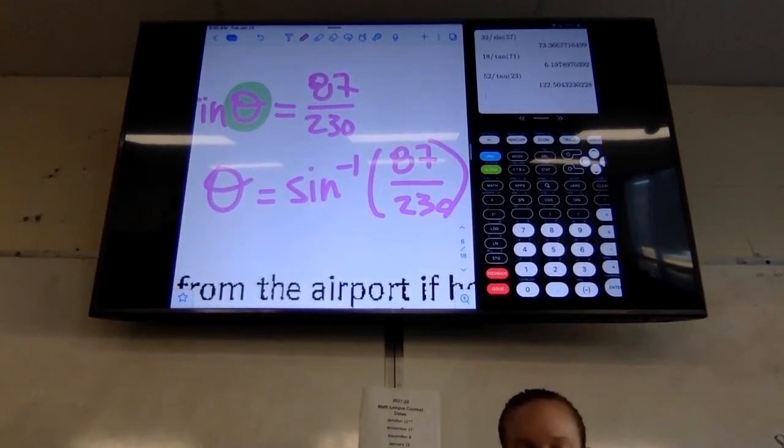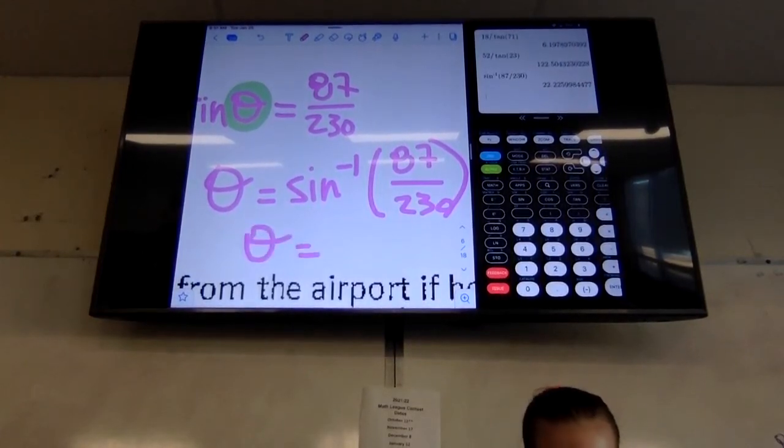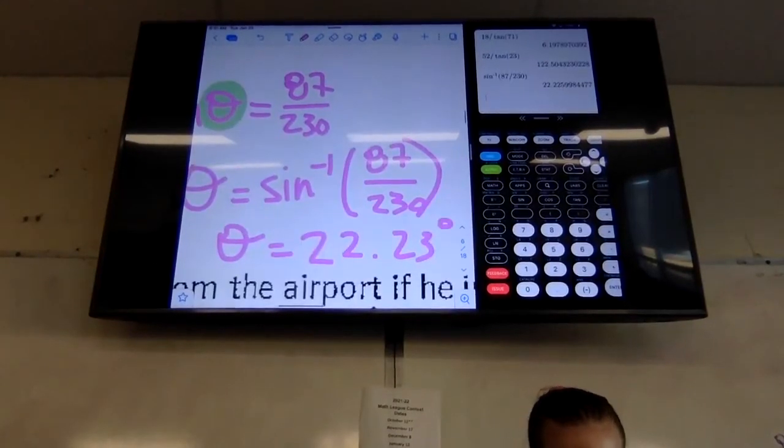If I have a ratio and we do inverse sine, then my answer is going to be an angle. So I'm not going to do normal sine. I'm going to press second sine, so I can see sine to the negative first. So second sine, 87 divided by 230. My angle, my theta, is 22.23 degrees.